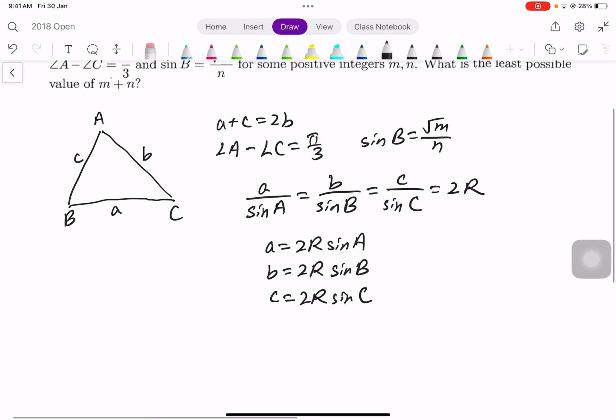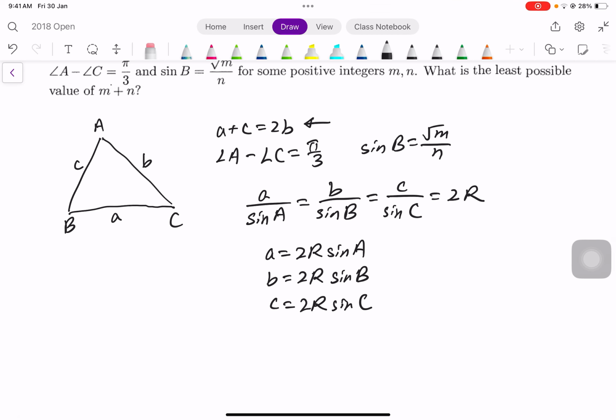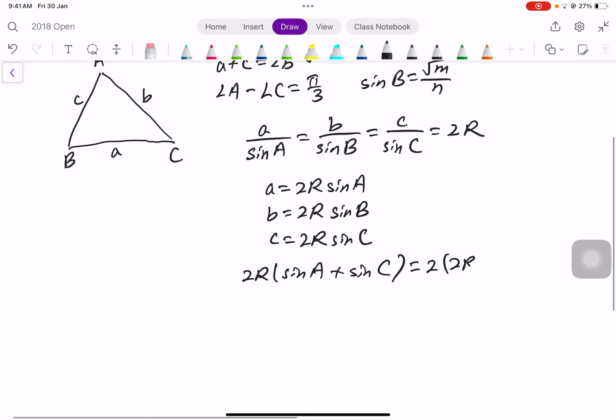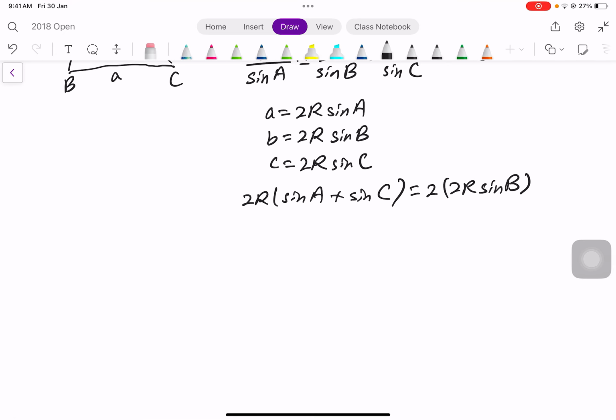Therefore, according to this equation, a plus c is 2R times sine A plus sine C, which is equal to 2b, that is 2 times 2R sine B. In this case, the 2R gets cancelled out, so sine A plus sine C is equal to 2 sine B. Then we can use the factor formula.